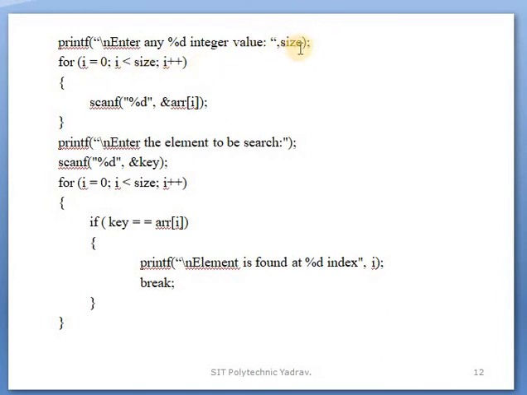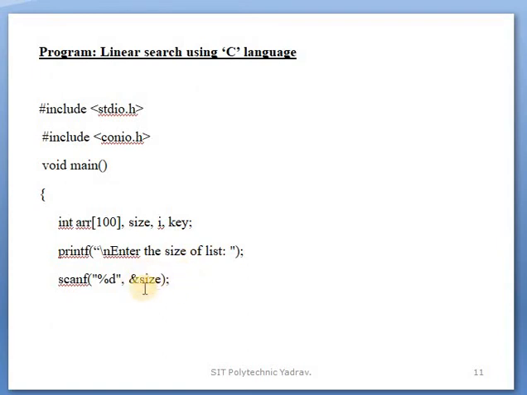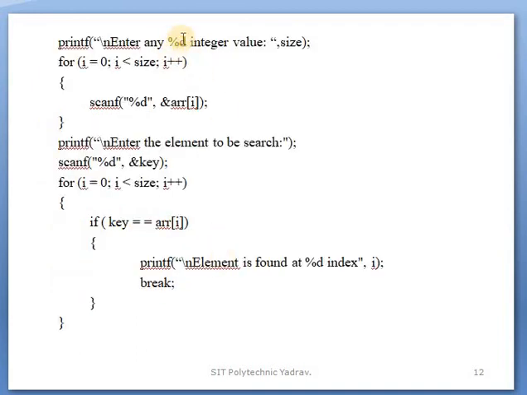Here we give the size, meaning how many elements are stored in the array, and that number is displayed using percent d. We set this message only for the user's understanding. For example, if the message says enter any 5 integer values, the user is clear that they have to enter any 5 integer numbers. If there is no message, what would the user do? So in the output window the message is displayed using the printf function.